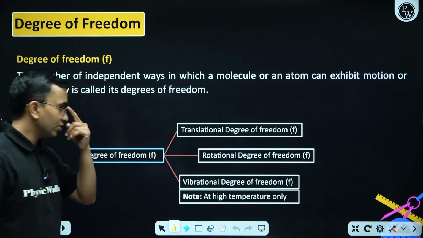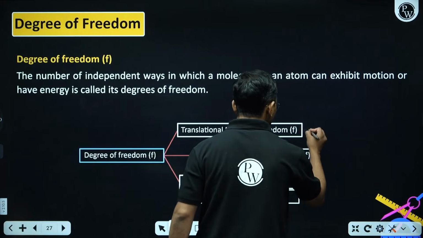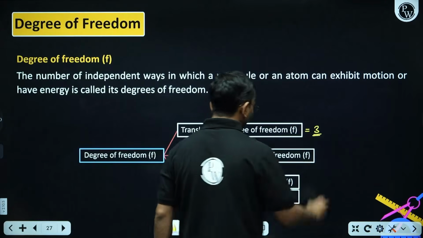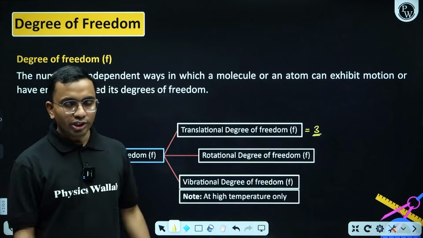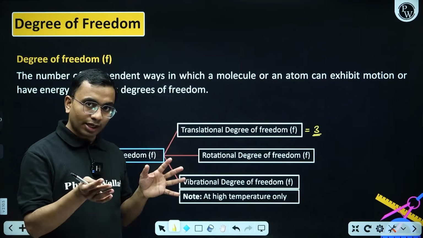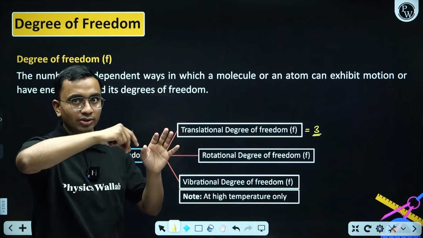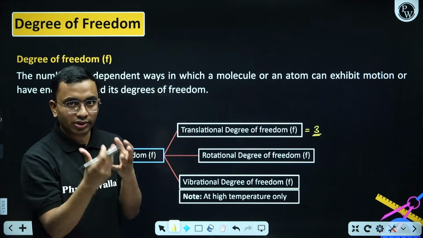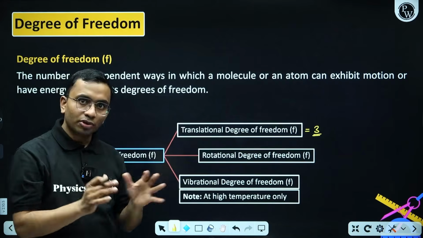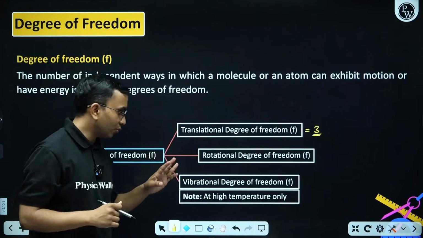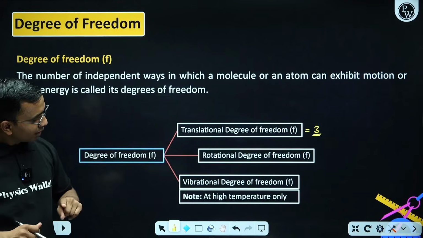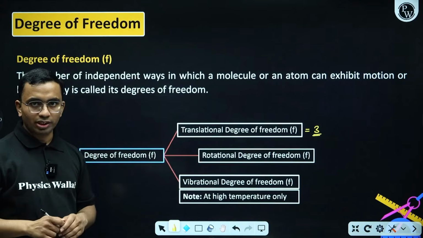So there are three translational degrees of freedom. Next is the rotational. So about which axis it can rotate. Let us take, it can rotate about x-axis, it can rotate about y-axis, or it can rotate about z-axis also. So depending upon that, there will be number of rotational degrees of freedom. Then comes vibrational degree of freedom.